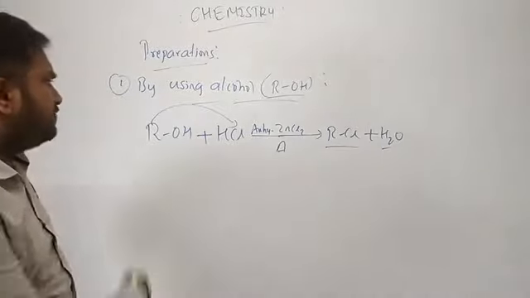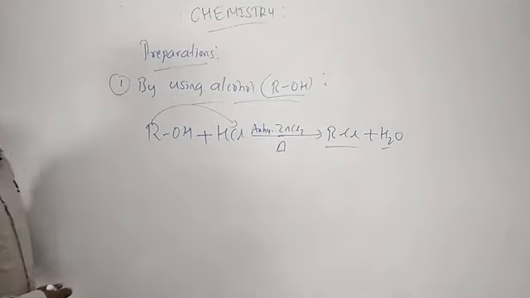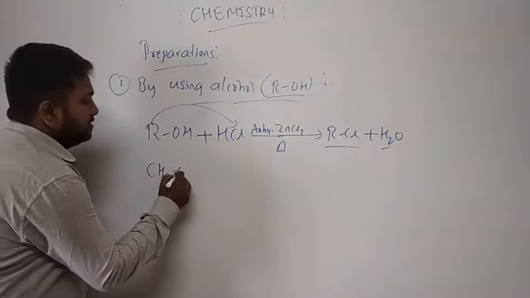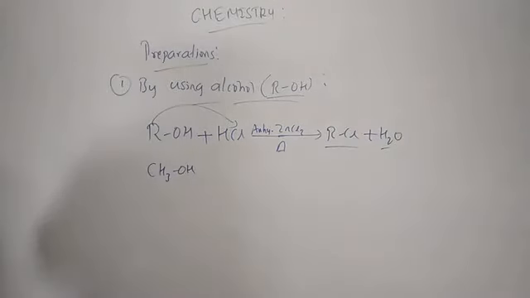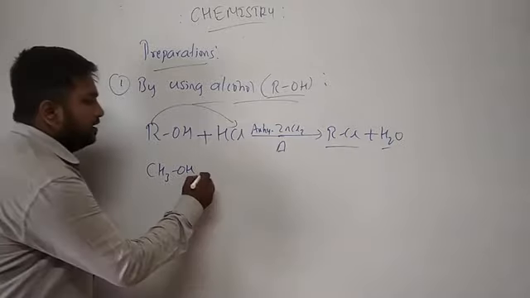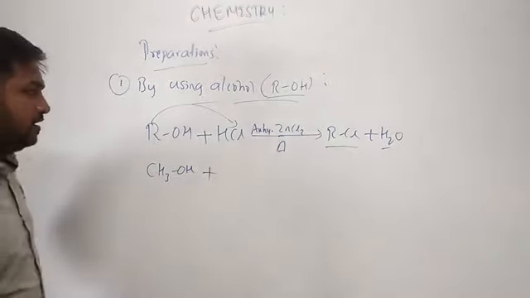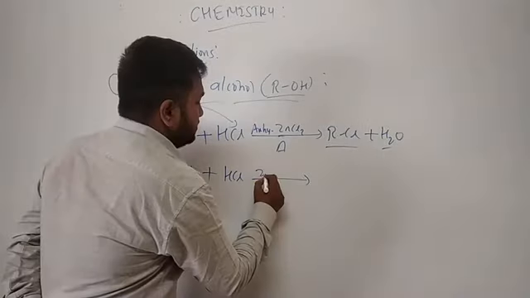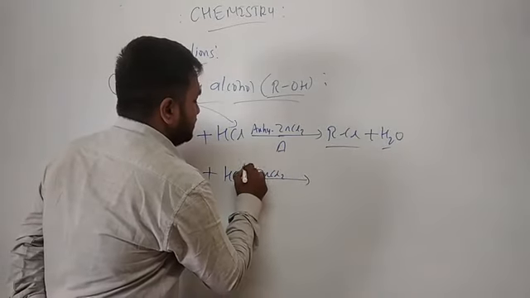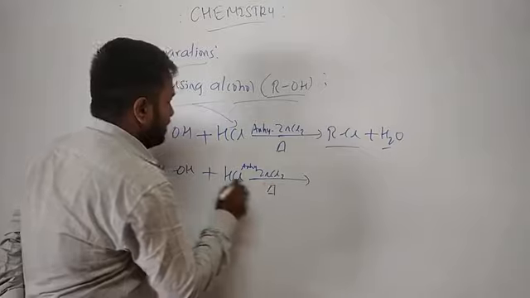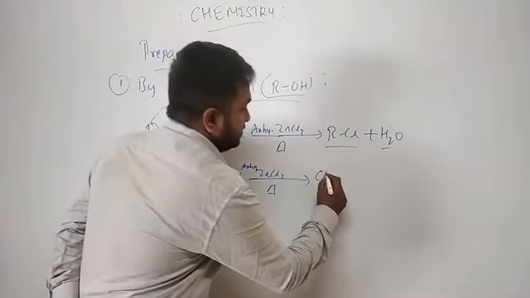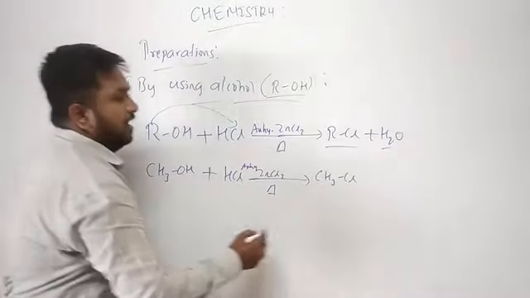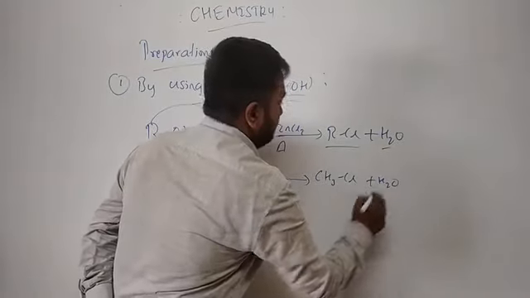Let's take an example for this. R may be any hydrocarbon or any alkyl group. So CH3OH, you have methanol or methyl alcohol. When it is treated with hydrochloric acid in the presence of anhydrous zinc chloride, it forms CH3Cl and H2O. Clear?